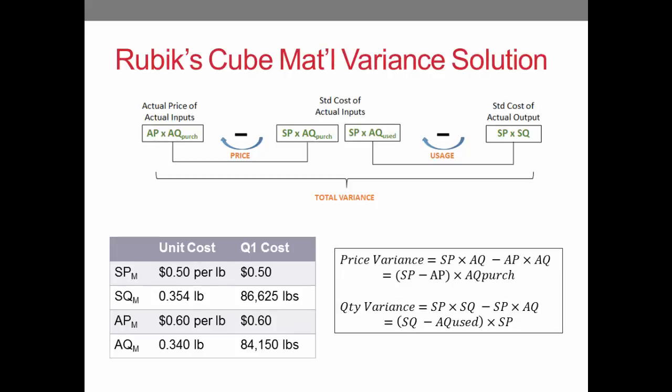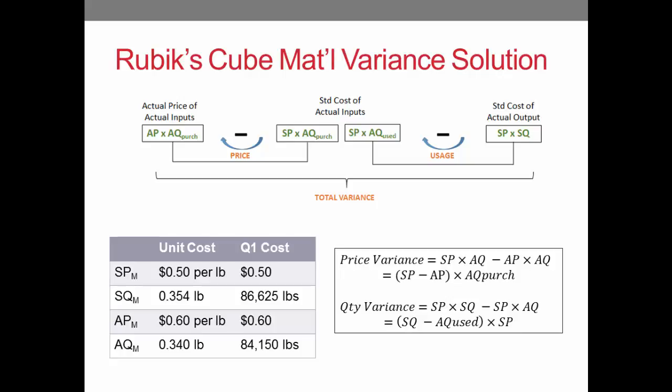So I'll start off first at the bottom left-hand corner. This table has some of the standard quantities and prices that we got from the standard costing videos. The 50 cents per pound is from the standard cost video for the Rubik's Cube, and the standard quantity of material of 0.354 pound per unit also comes from that standard cost video.